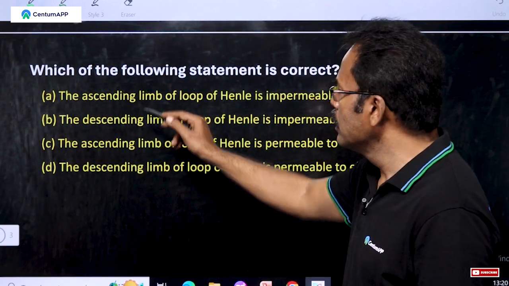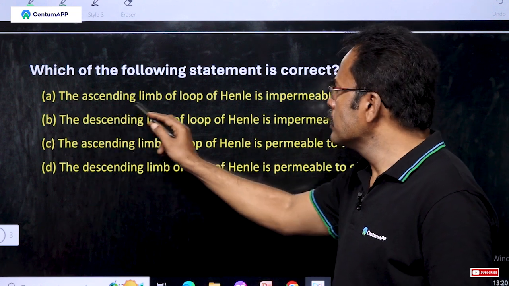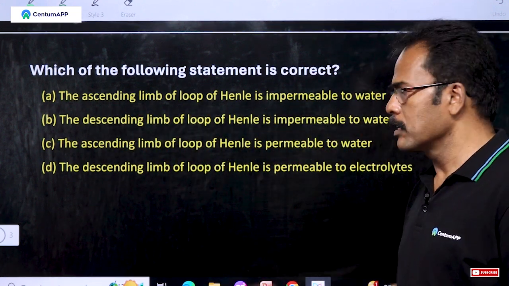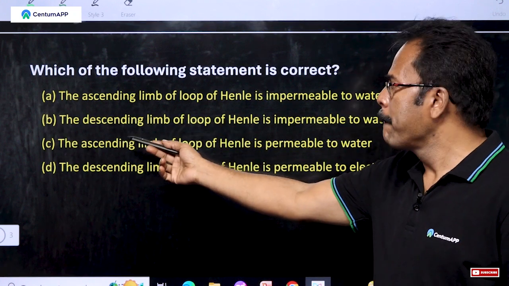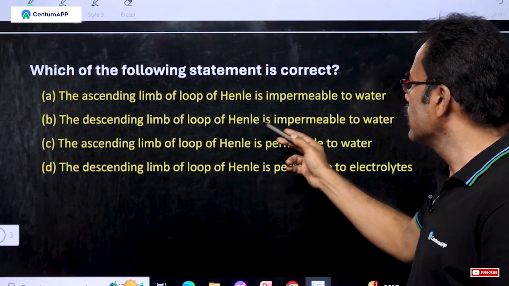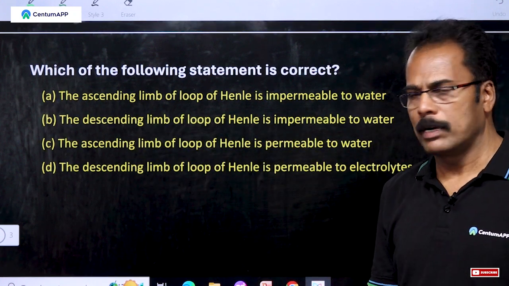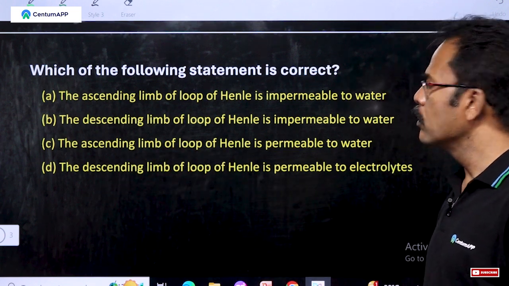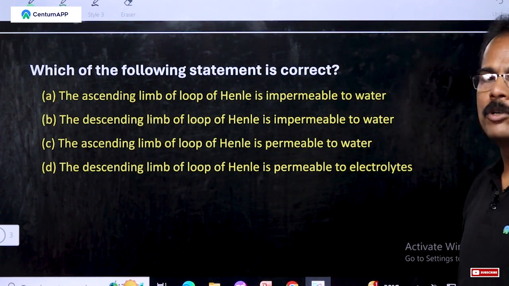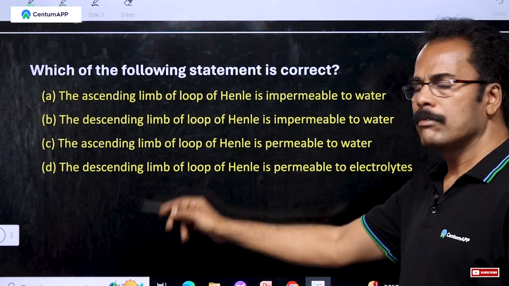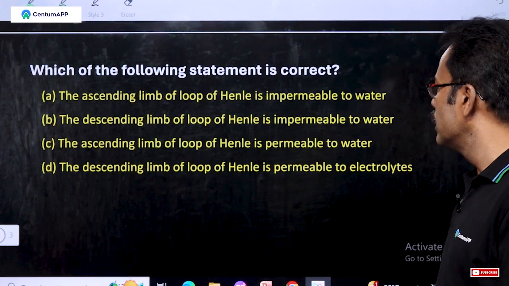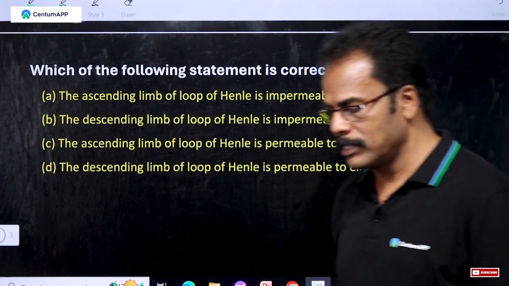The options are: the ascending limb of the loop of Henle is impermeable to water; the descending limb of Henle's loop is impermeable to water; the ascending limb of the loop of Henle is permeable to water; and the descending limb of the loop of Henle is permeable to electrolytes.